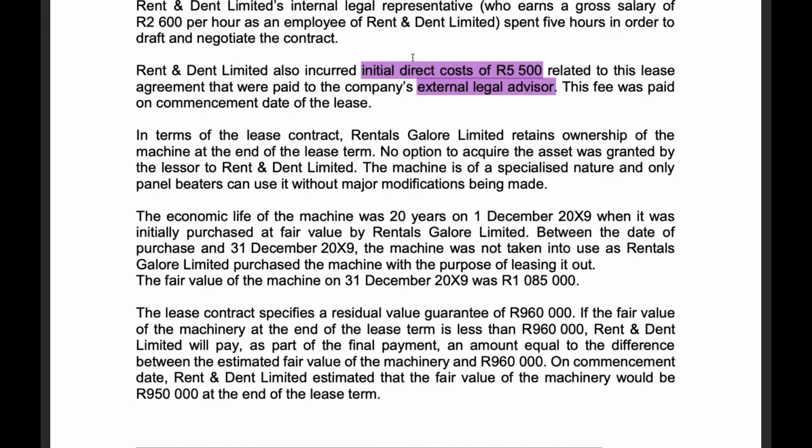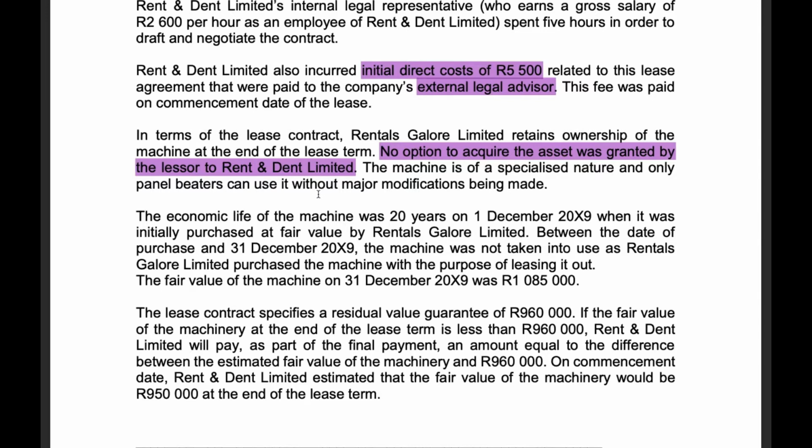In terms of the lease contract, Rentals Galore Limited retains ownership of the machine at the end of the lease term. No option to acquire the asset was granted by the lessor to Rent&Dent Limited. The machine is of a specialized nature and only panel beaters can use it without major modifications being made.